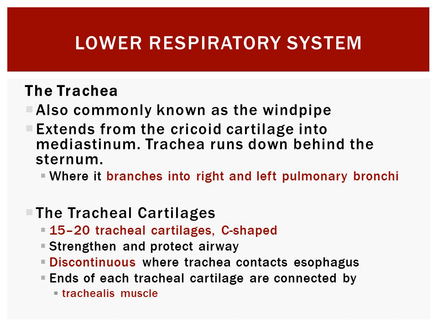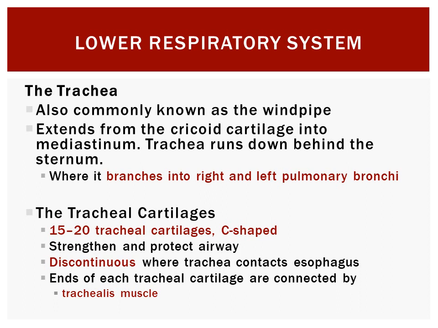In the trachea, there are several tracheal cartilages, about 15 to 20. And all of these tracheal cartilages are C-shaped. These cartilages are important because they strengthen and protect the airway.